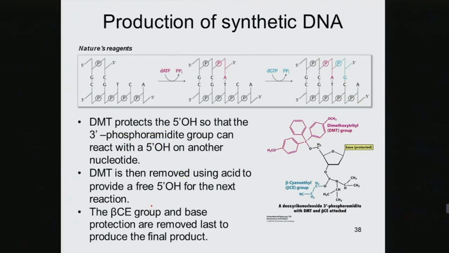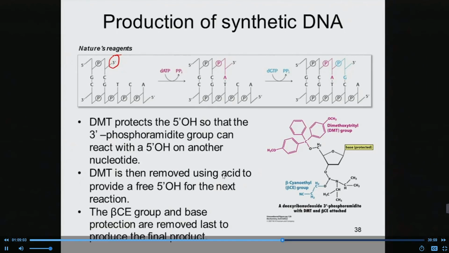Here's a representation of nature's reagents. We have one strand that we need to replicate. We have our primer that has that free 3' hydroxyl needed for replication. We add in our polymerase and our dNTPs.